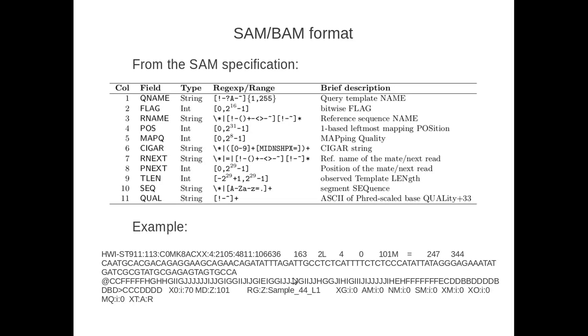Now these tags I also wanted to mention briefly. They are not absolutely required, but they contain, in many circumstances, important information, such as the read group tag. This refers to a specific line in the header which contains information about sample 44L1, including what sequencer this read came from, so a HiSeq or a SOLiD or some other sequencer, and what library it came from.